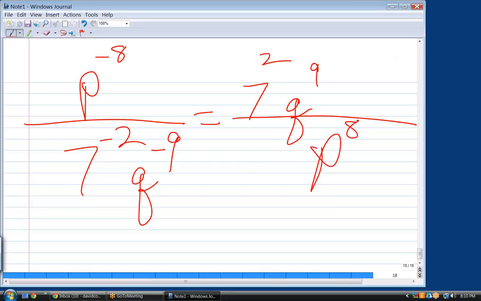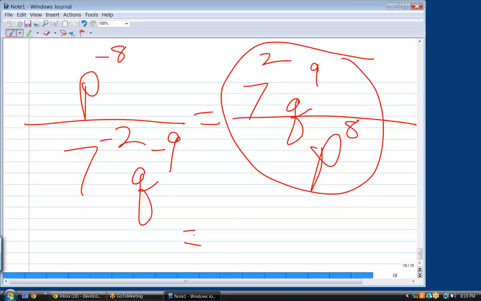And there's one last simplification: doing the exponent times the number. 7 times 7, right? It's 49. There's the answer. We can't simplify it anymore, and we have all positive exponents.